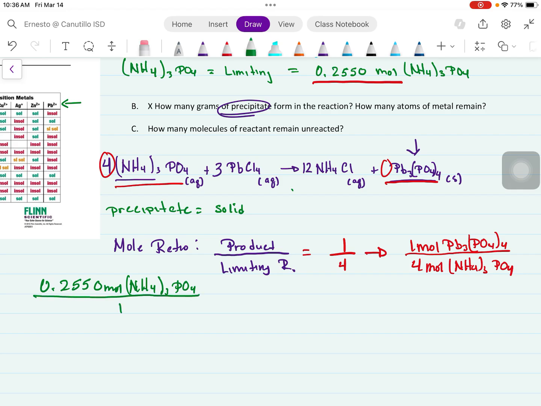I'm going to put that over 1. Now, I'm going to multiply this by that same mole ratio, okay? So I'm going to set it up so we have a difference in color. So 1 mole. Okay, then I'm going to put it over the limiting reactant.